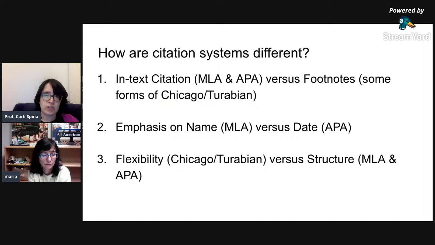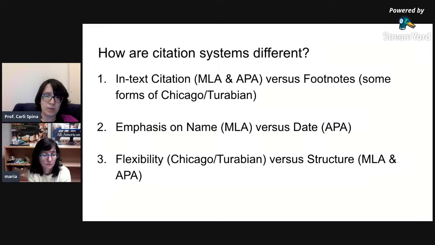And then there's the question of flexibility versus structure, which is our third point. Flexibility is really what's available in Chicago Turabian. Within Chicago Turabian, there are actually two completely separate formats, which we can talk about a little bit more later. There's a version of it that has footnotes, and a version of it that has in-text citations.